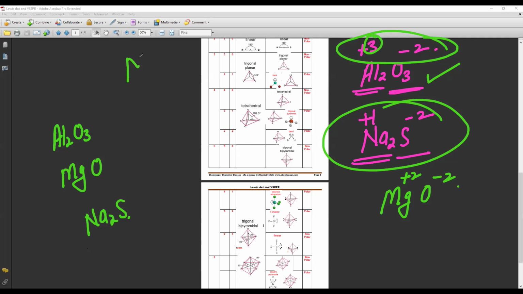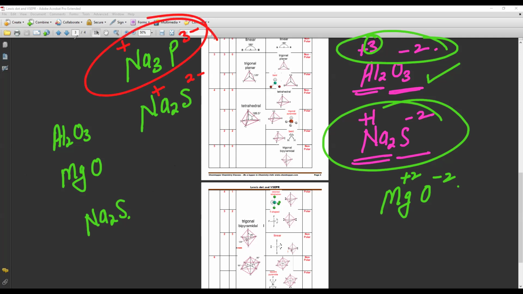Like if I give you Na3P and Na2S. Na3P, Na is plus, P is 3 minus. Na is plus, S is 2 minus. So which one has stronger lattice? This one, because three is more. So we don't need to add up +3 and -2 in aluminum oxide.